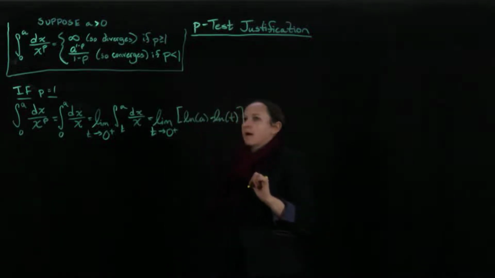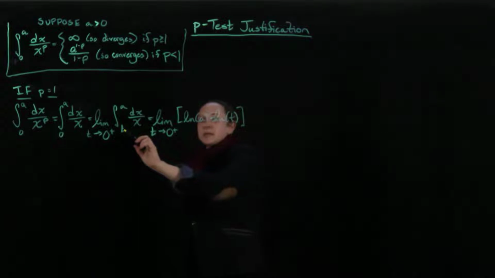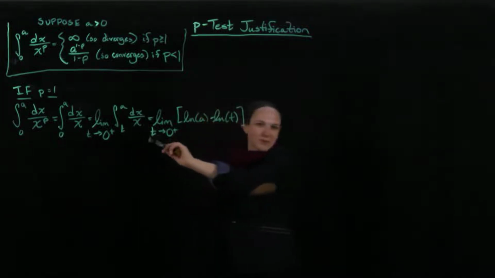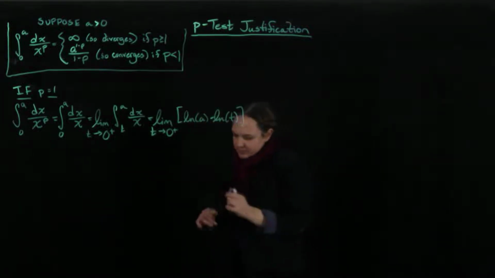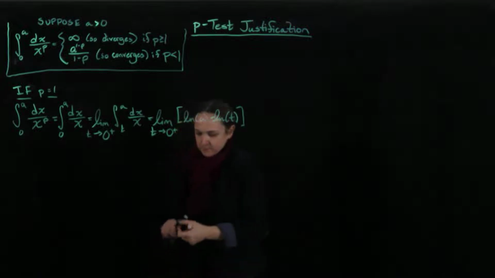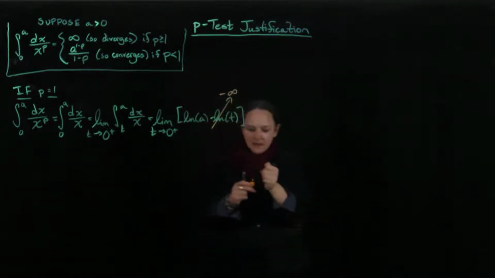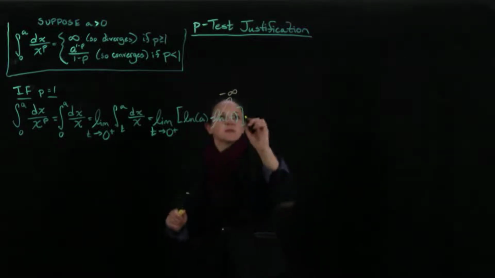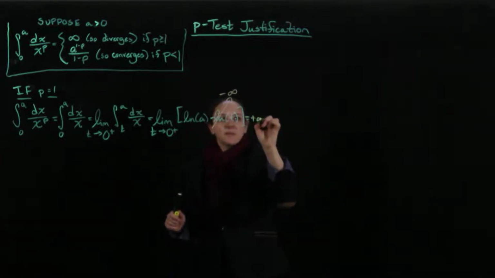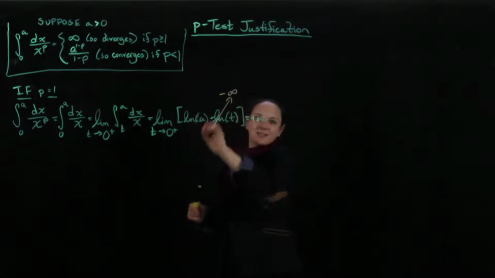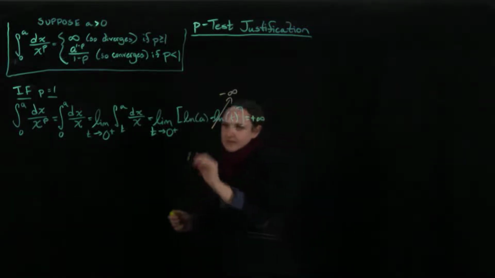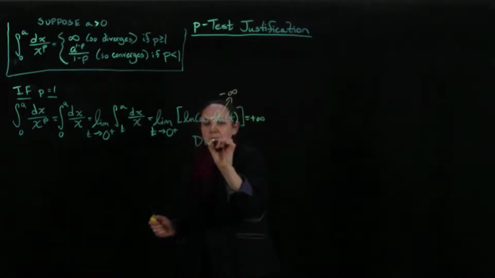But t is approaching 0. In order for t to approach 0, the natural log of t has to approach minus infinity. So this equals plus infinity, because we have a minus minus infinity, and this is a finite number. So this diverges.